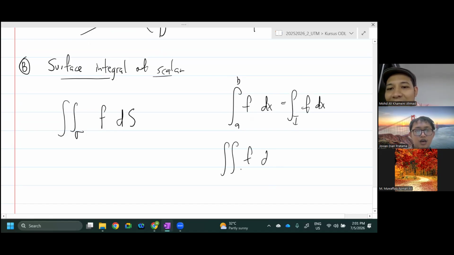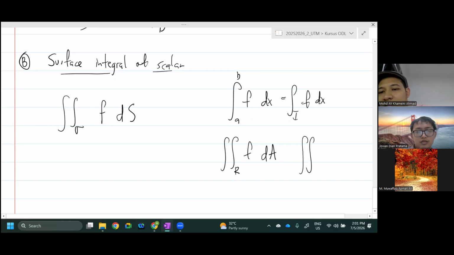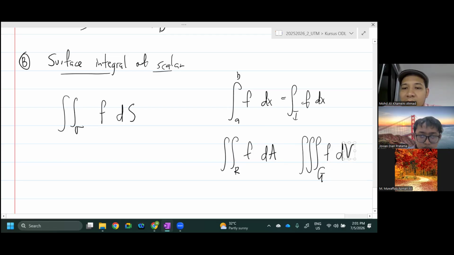This is a length. This is area over some region here. And then you learned also about the triple integral of f dv. You have a three-variable function. Now you have some solid in space. This is a volume. This is area. This is length.